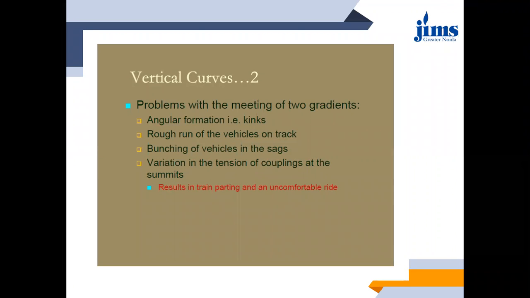Then variation in the tension of couplings at the summits. For example, what is the meaning of this? See, all of you have seen that the coaches or the wagons of the trains are attached with the help of coupling.